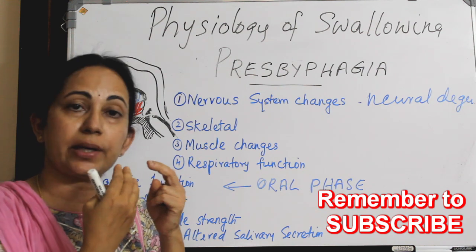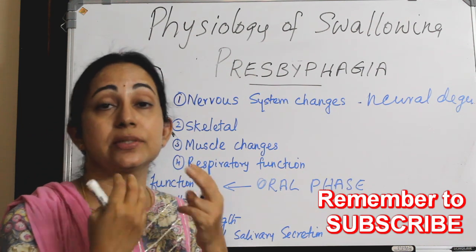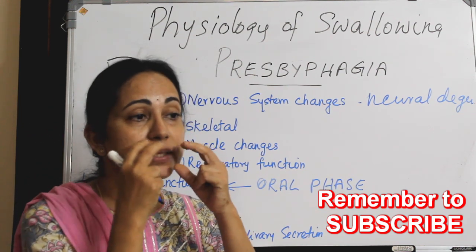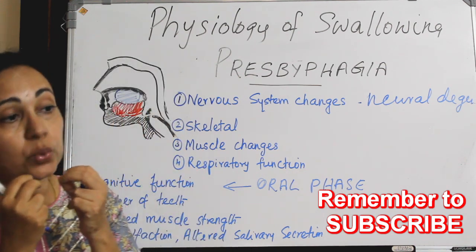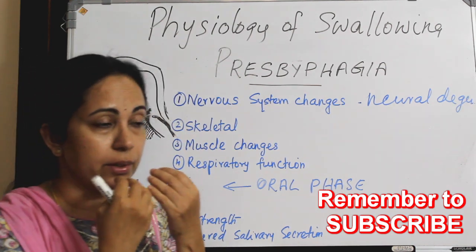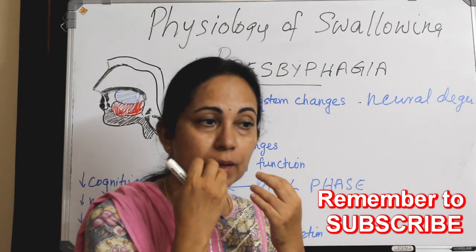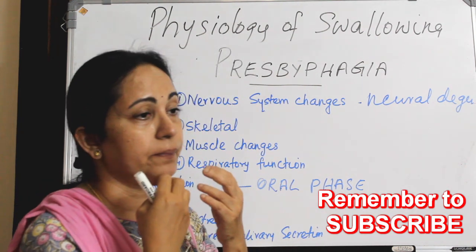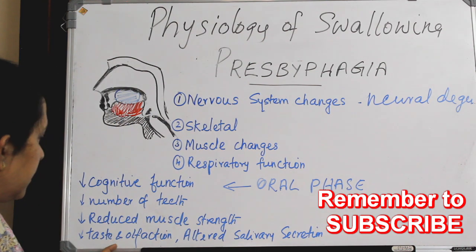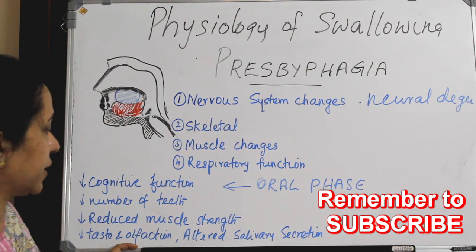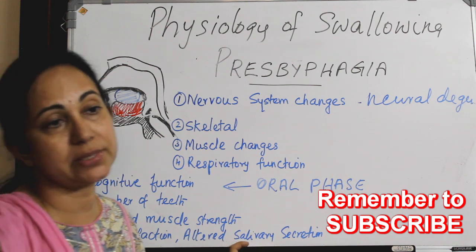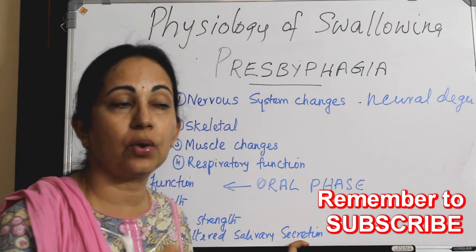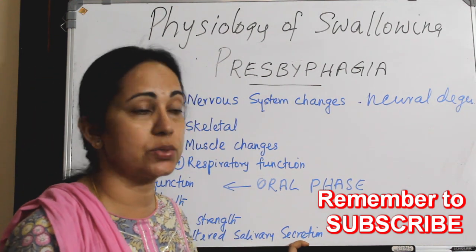In old age the orbicularis oris is not working properly, so the patient will not close the mouth while chewing, and food will flow through the side of the lips during the swallowing phase.